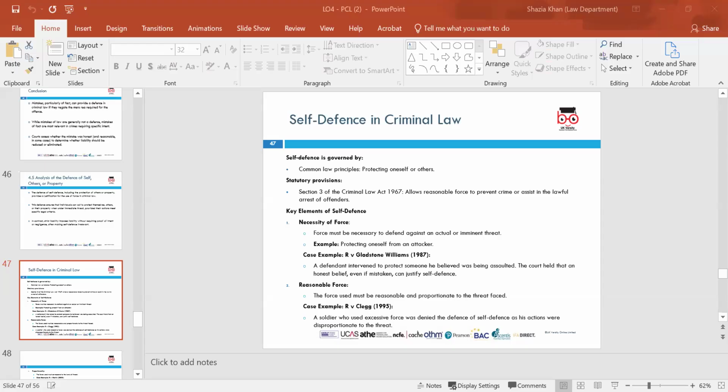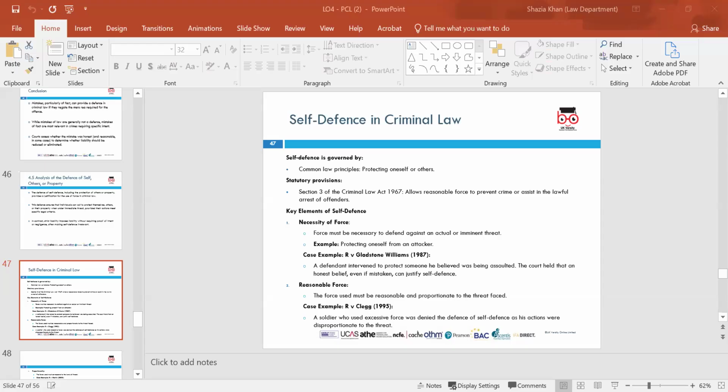Another case in regards to reasonable force is the case of R and Owino, 1995. And in regards to the imminence of the threat, as we stated, the amount of force must be reasonable in the circumstances the defendant believed them to be.